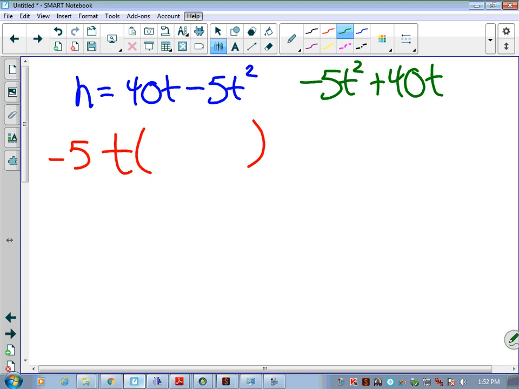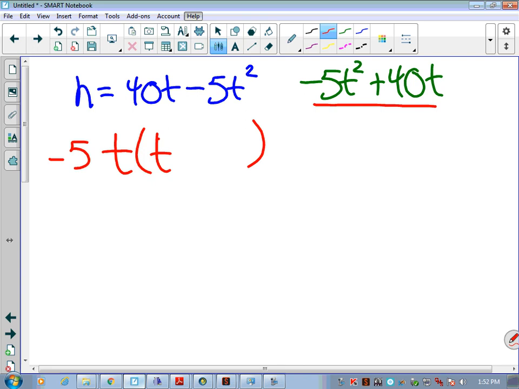That's going to help me understand this, because if I look at it like this, what is left inside the parentheses? I took out a negative 5t, so what's left? Not negative t, just t, because we want to think about this as if we were to distribute it back in. Negative 5t times t is going to be negative 5t squared.